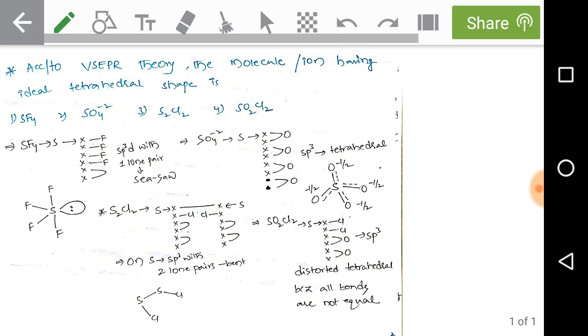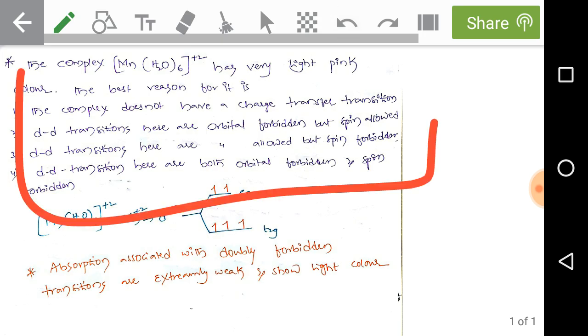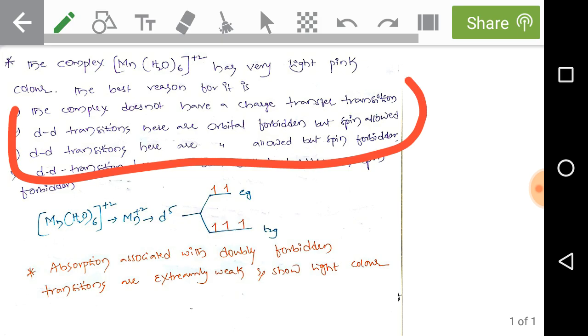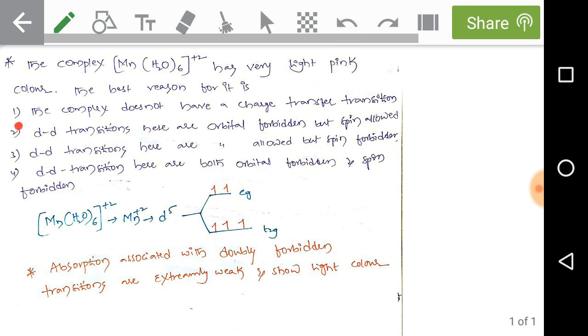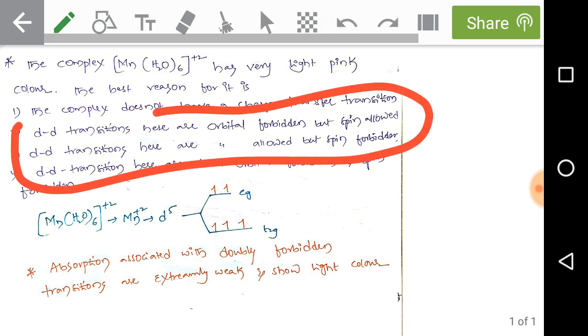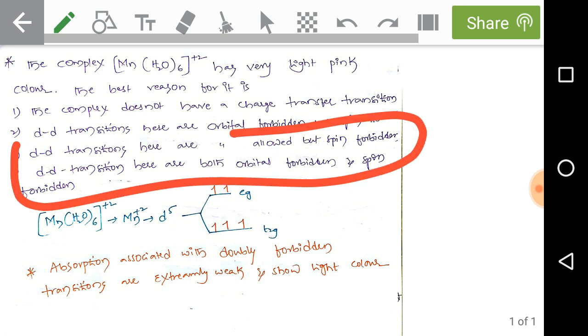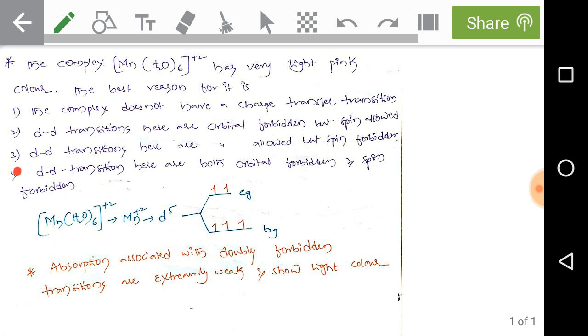Right. And next one, the complex, here we have a manganese complex, which has a very light pink color. The best reason for it is: the complex doesn't have a charge transfer transition; d-d transitions are orbital forbidden but spin allowed; d-d transitions are orbital allowed but spin forbidden; or d-d transitions are both orbital forbidden and spin forbidden.